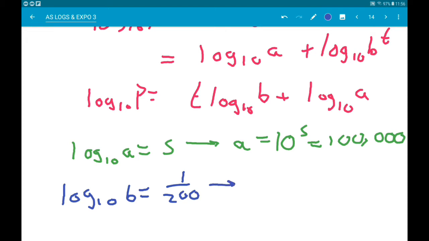So that tells us b is 10 to the 1/200th, which to 3 significant figures gives us 1.01.